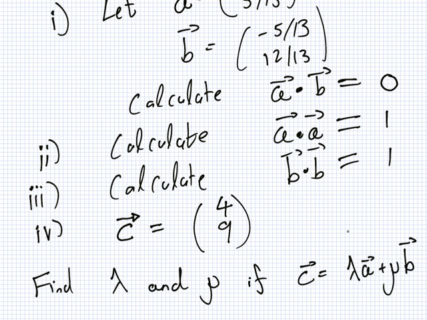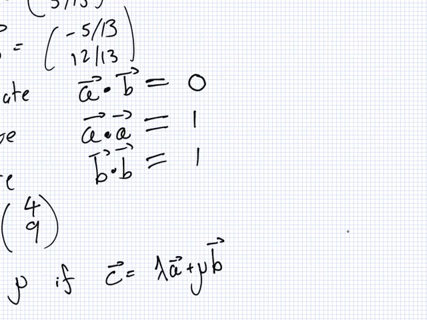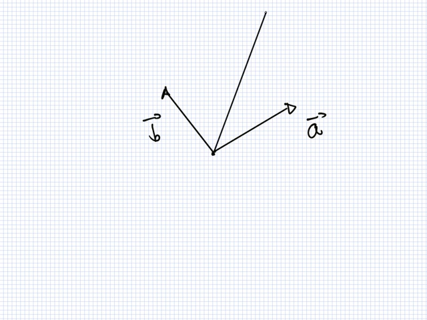So, just so you can have a picture of what's happening, what did I say vector A was? 12 over 13 and 5 over 13, both positive. So that would be something like vector A here. And vector B would be something like this, with minus 5. And vector C is something like this.